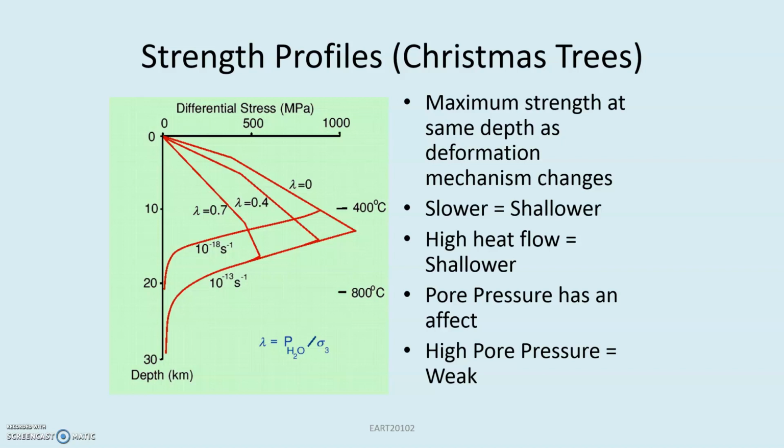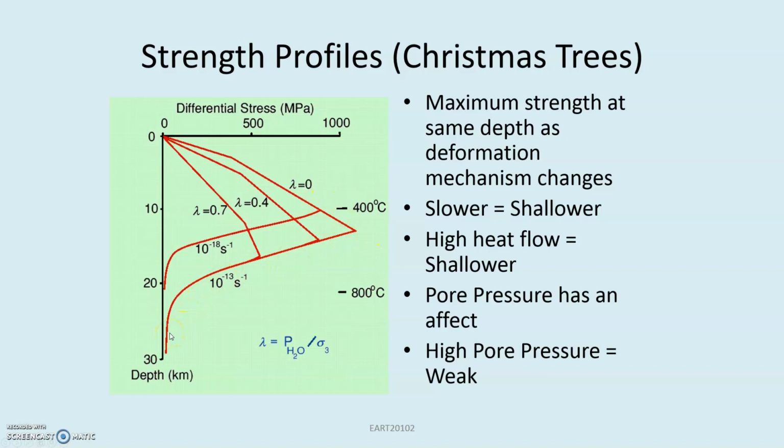So we were talking about strength profiles, or Christmas trees. They're called Christmas trees because they look a little bit like a Christmas tree, or sometimes sailboat diagrams, because if you tip them on the side, these look a bit like sails. What they describe is how the strength varies with depth for the lithosphere.